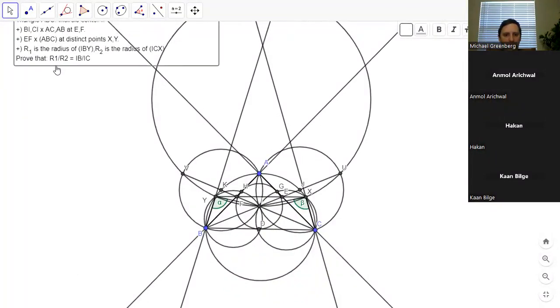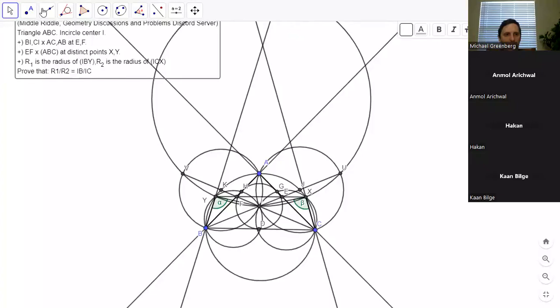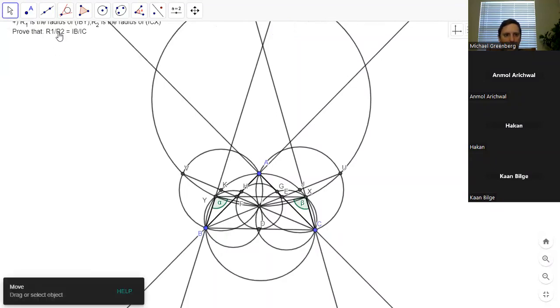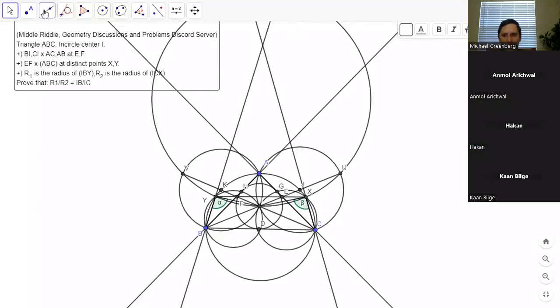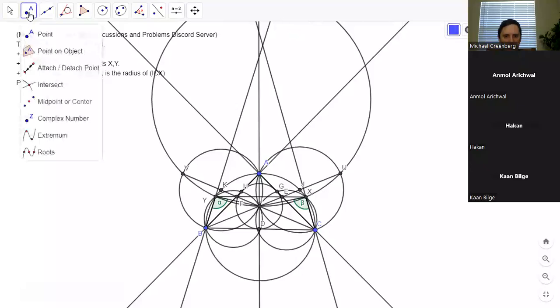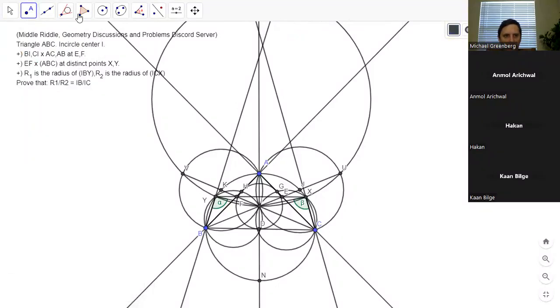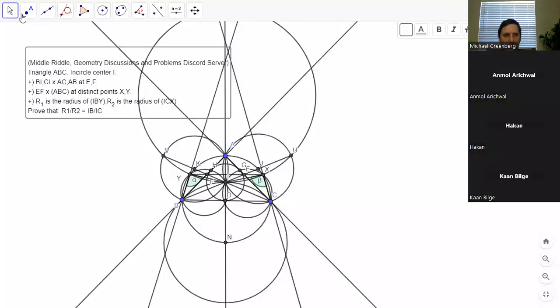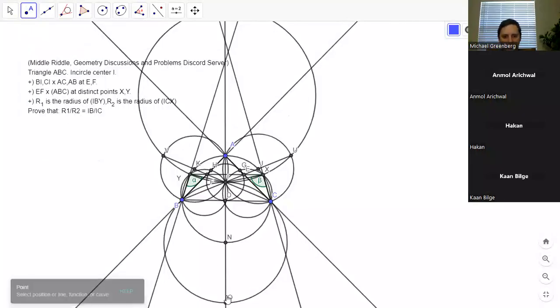That makes it kind of messy, yeah, this diagram is getting very messy.